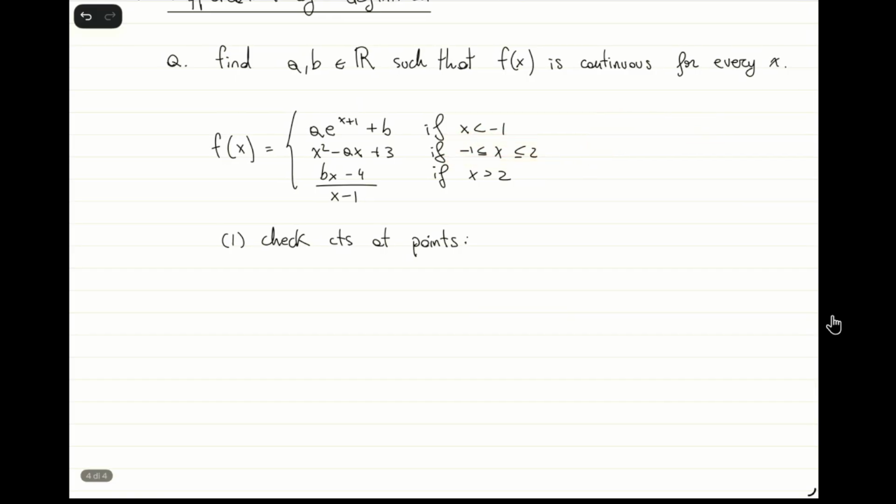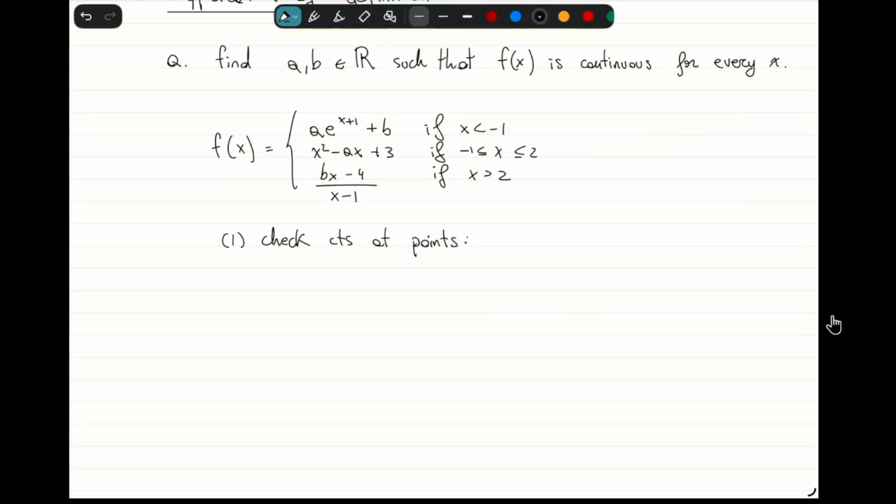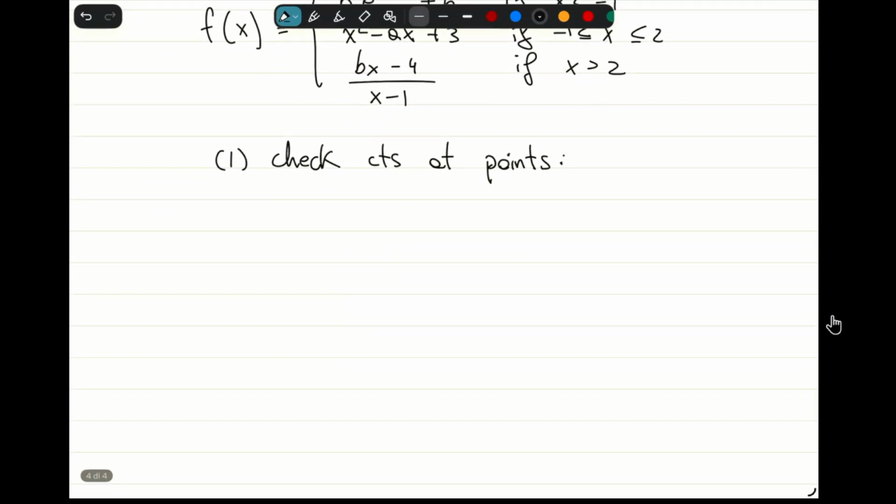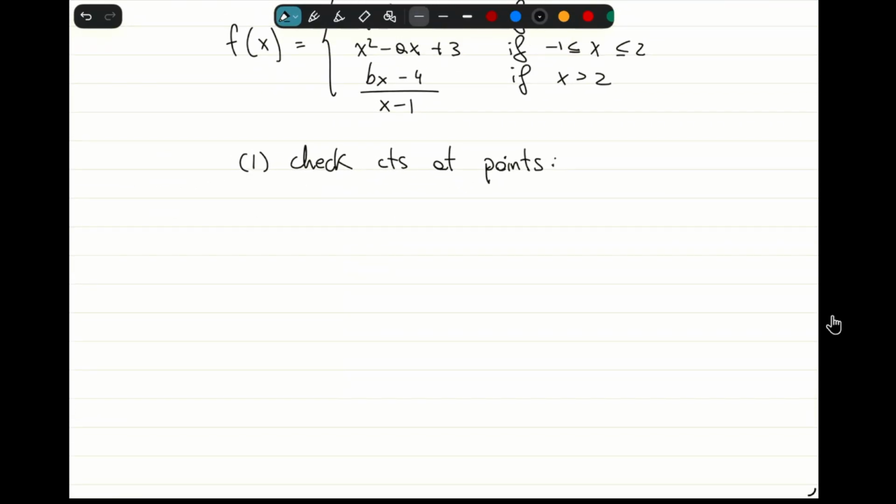So what we're trying to do is find a or b here that will make the function smooth, with that point being a single one, without the need of a jump discontinuity. So check continuity at the points.